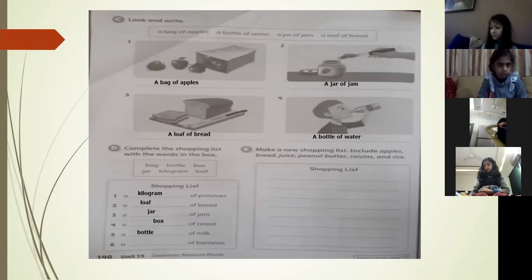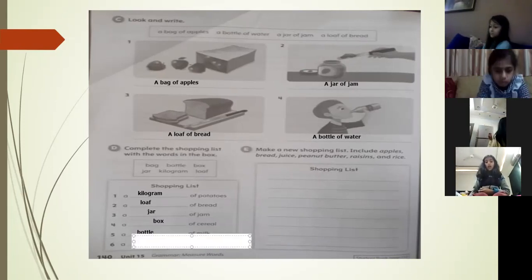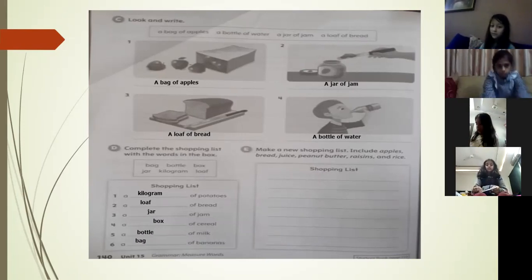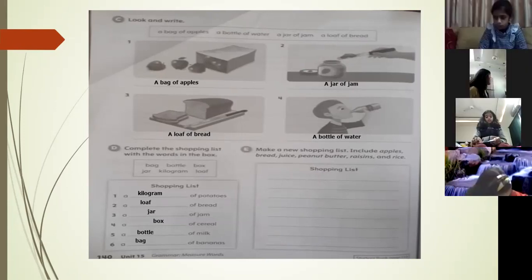And the last one is a dash of bananas, a bag of bananas. So this is how different measure words are being used. We have used these measure words for different eatable items, okay? So E part is you have to make a new shopping list.